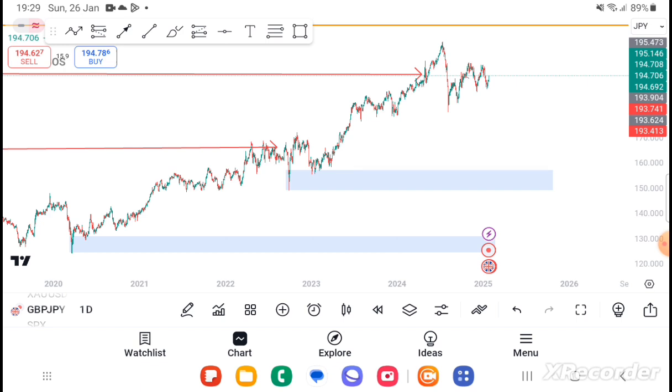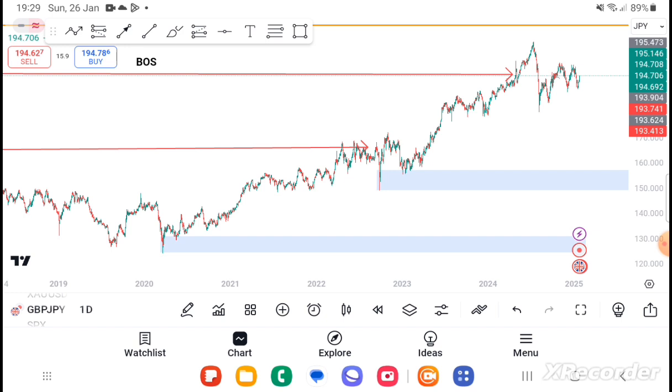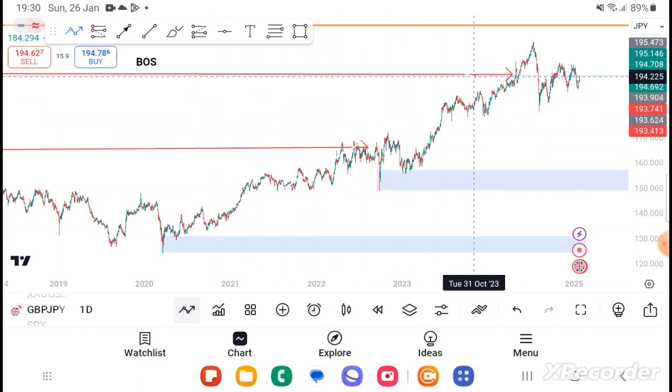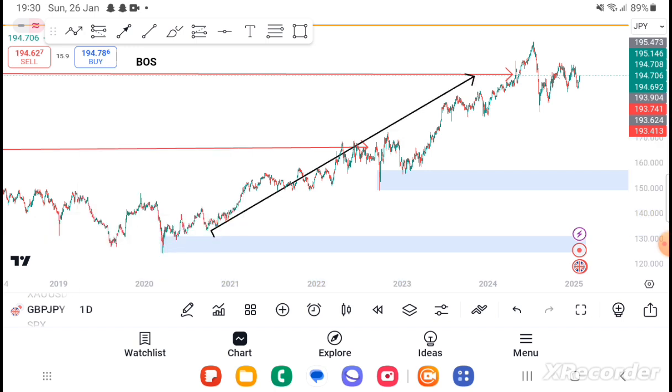We could see some things over here, that price has rallied from the bottom all the way to the top. So let me just use black. All right, price has rallied all the way to the top.